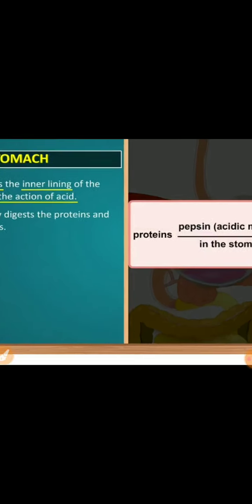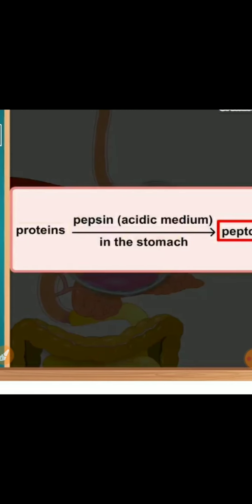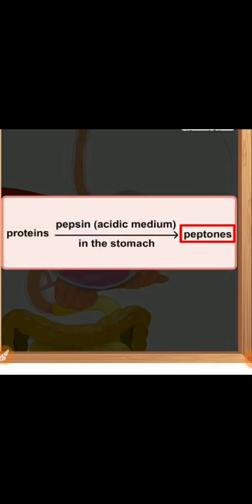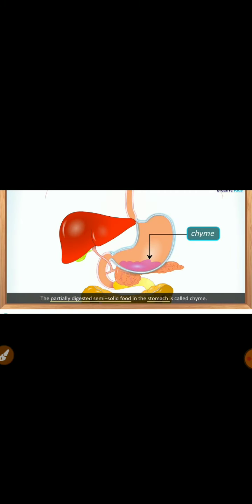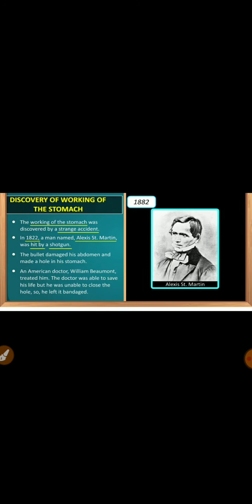Proteins are converted into peptones in the stomach in the acidic medium by the action of pepsin. Okay. The food has now been turned into chyme. What is chyme? The half digested, partially digested semi-solid food in the stomach is called chyme.